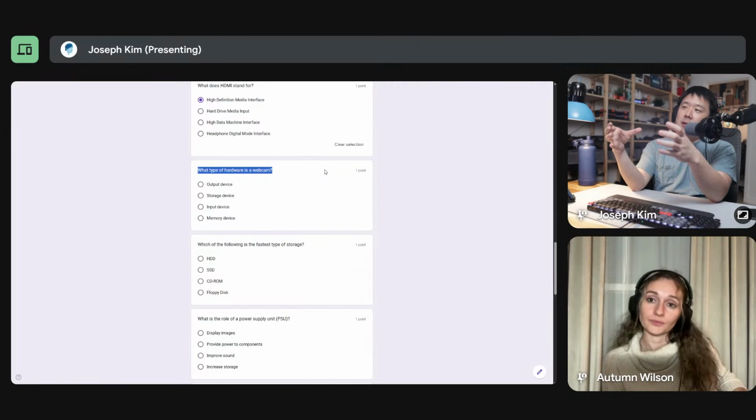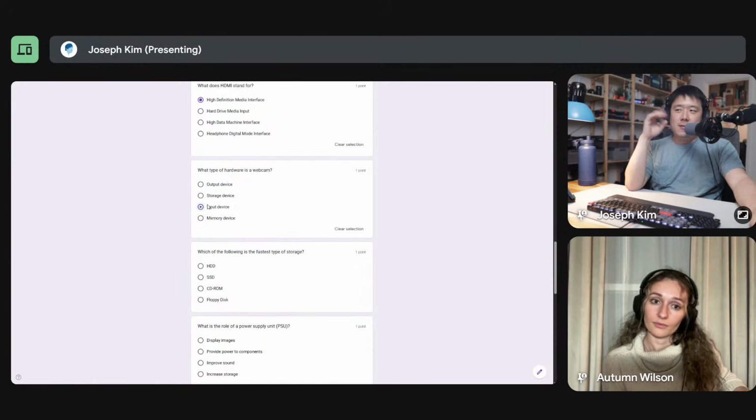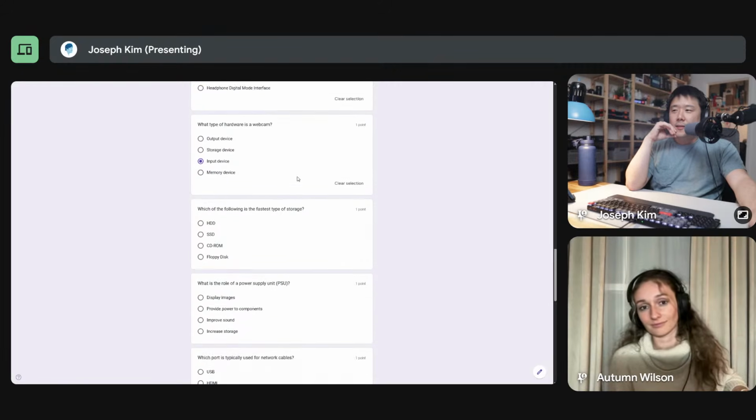Think about an external webcam. If you buy a webcam and open it up and get it set up, you plug it into the computer, right? So it's inputting all the display and the sound from the webcam onto the computer. Therefore, it's considered an input device, or at least that's what I think.